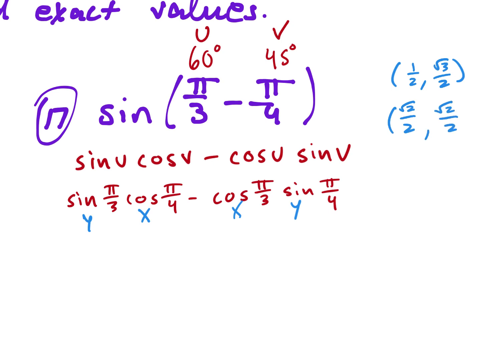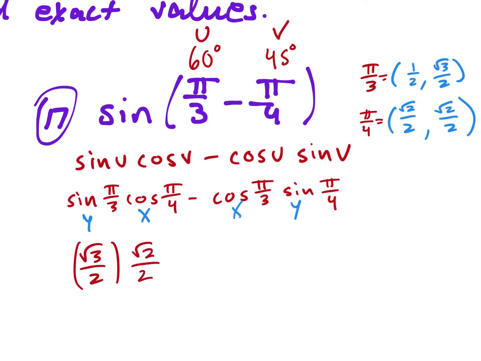So the y value at pi over 3 would be square root 3 over 2. The x value at pi over 4 would be square root 2 over 2. The cosine value, the x at pi over 3, would be 1/2. And the y value at pi over 4 is square root 2 over 2.